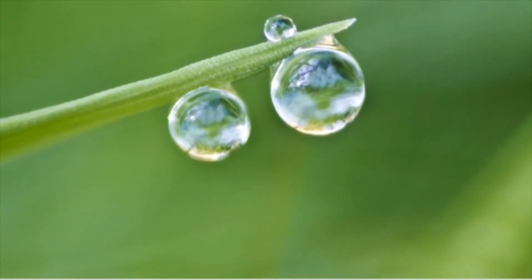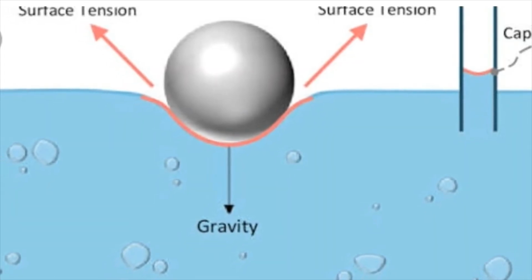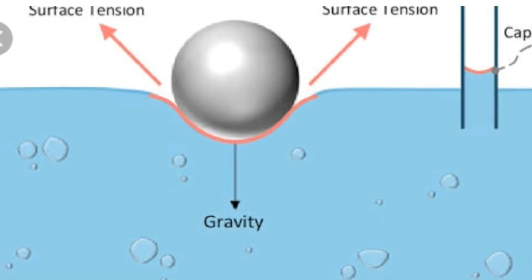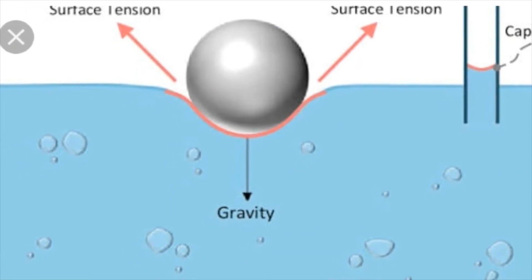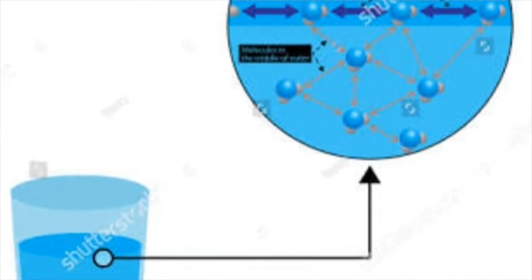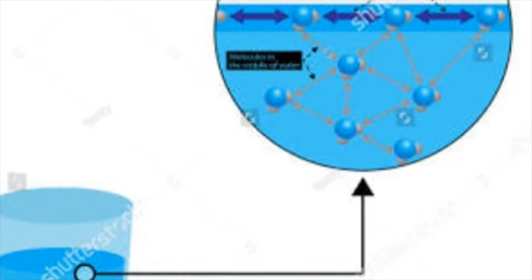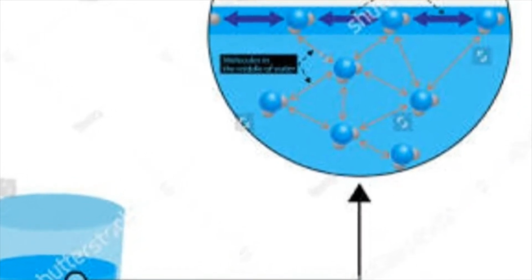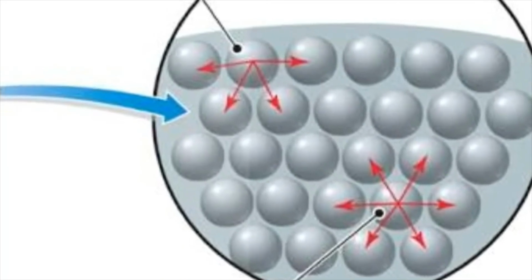Before, we said the attraction between the water and the glass molecules is more compared to the cohesive force. So when you put in a capillary tube, which is nothing but a tube with a small radius, up to 0.5 millimeter, that's a capillary tube.